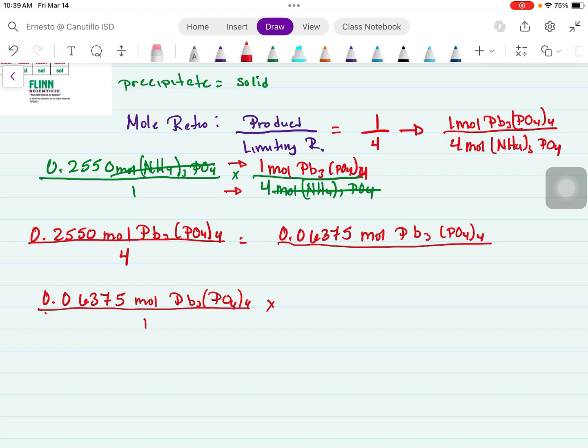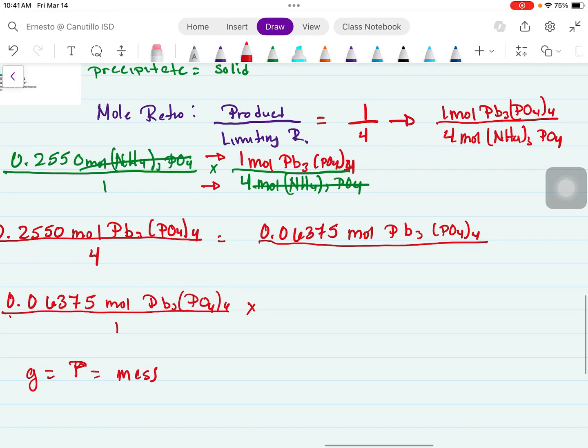Now, remember that anytime you see the word grams, that's got to be the red flag to say, hey, I need to use mass, right? So I'm going to use the molar mass of the compound. Again, I'm not going to go over molar mass in this video. You have a video on how to find molar mass, so go ahead and review that one if you need to, but I'm just going to put the number.